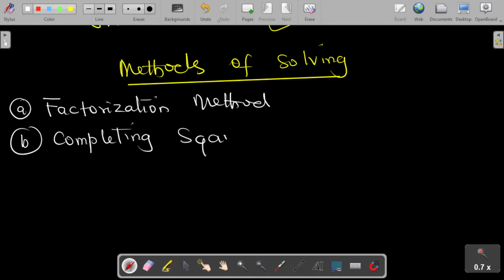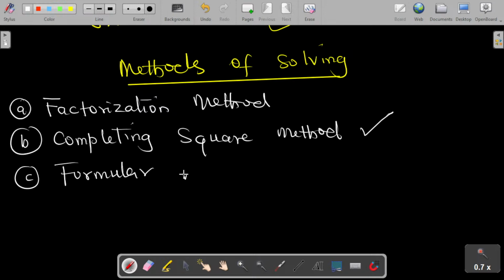It is your choice to use any method to solve if we ask you to solve in exam. But the reason we are showing you these 3 methods is that in future you will need it, especially next semester when we will go to Maths 102. You will need this guy. By God's grace, I'll still be the one that will teach you. So formula method is the 3rd method.